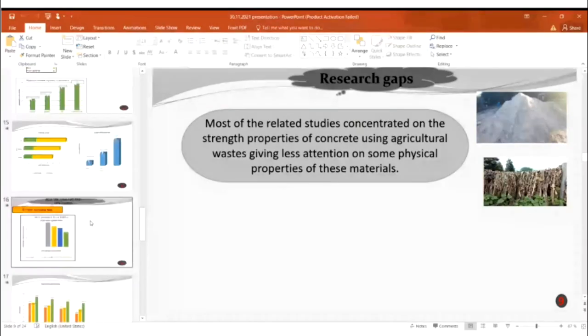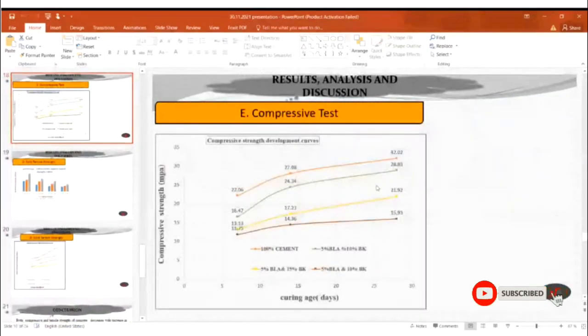As you can see from the compressive strength test results, for instance, for replacement of 5% BLA and 10% Bocola, the result at the age of 28 days was 99% of the target strength of our control mix.